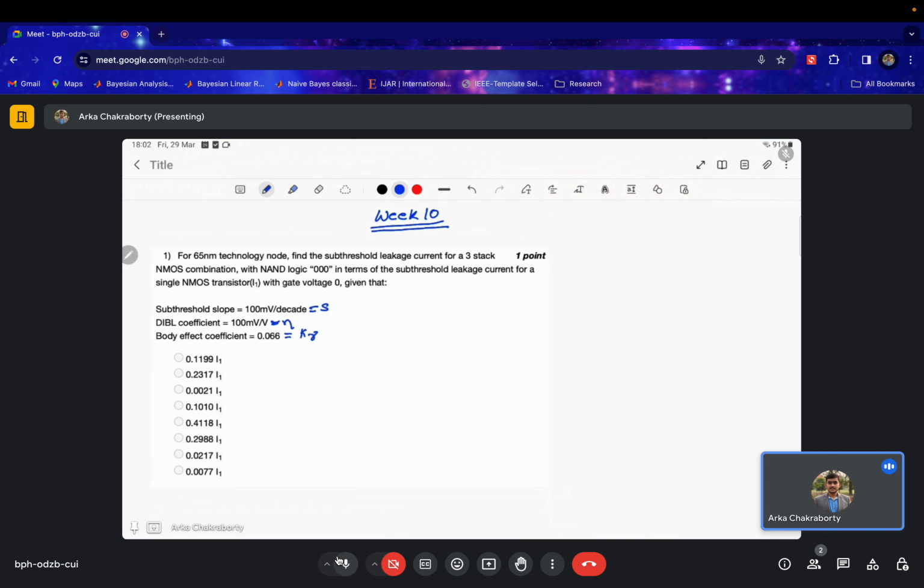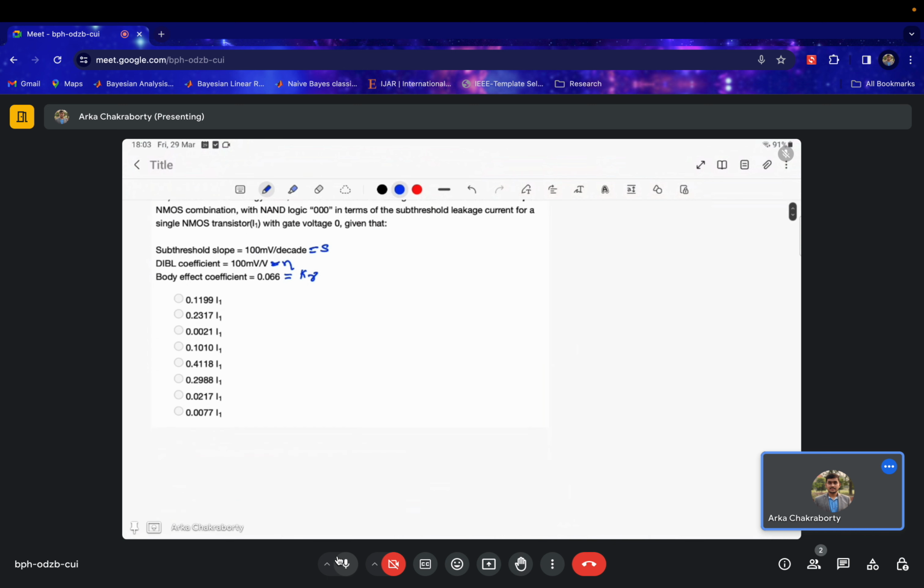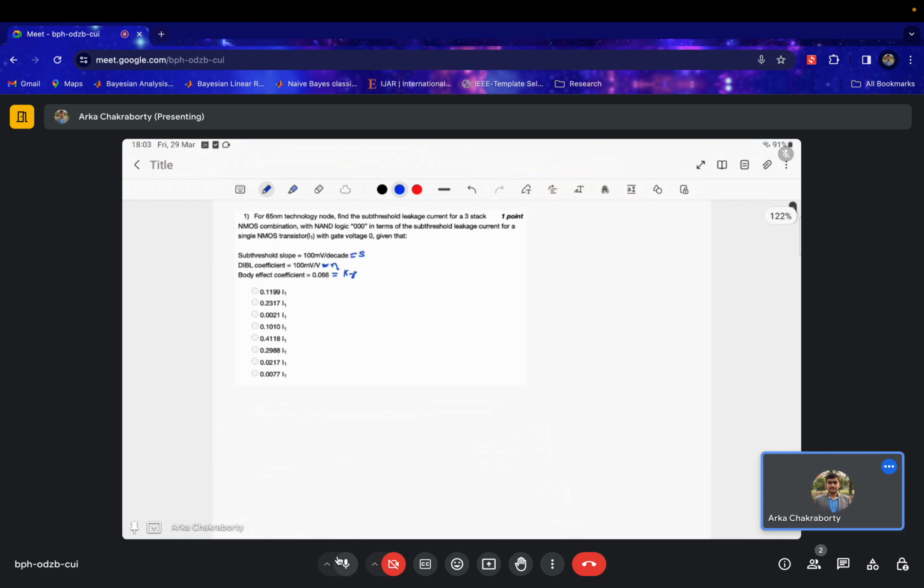Different authors attribute it differently, so let us call it K gamma, the body effect coefficient. First of all, let me draw the 3 transistor NMOS stack for a NAND logic of 000.